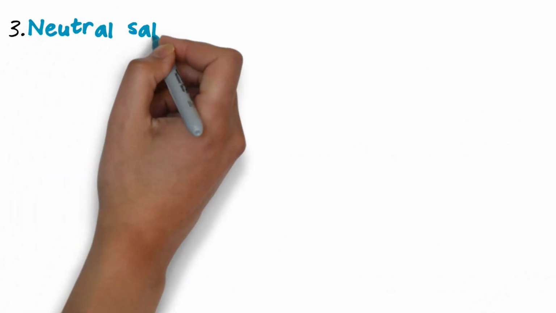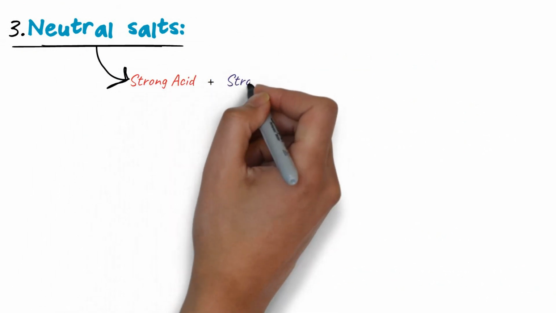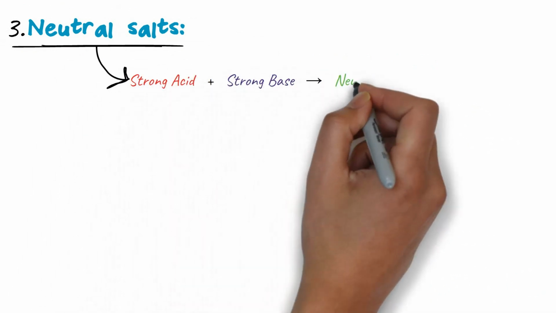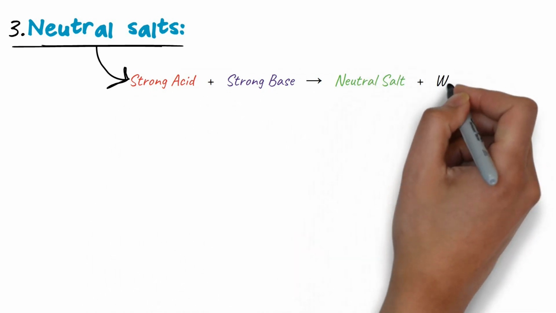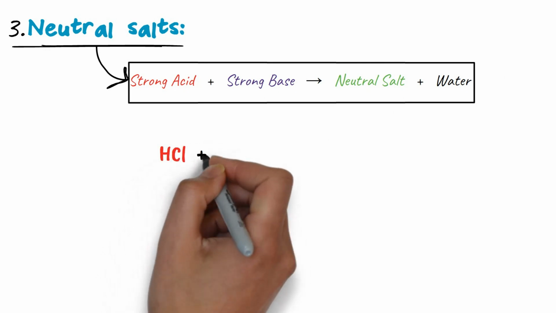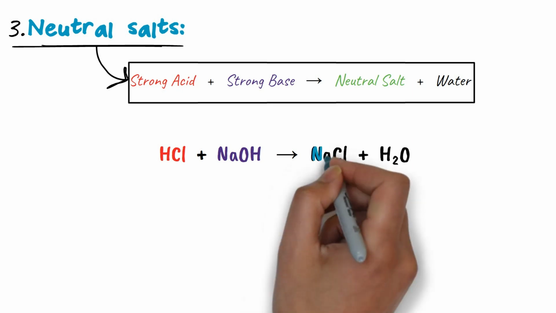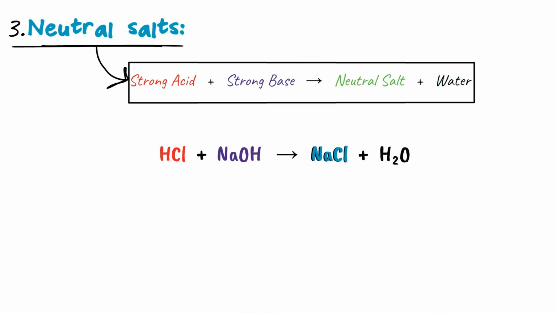Now, neutral salts. When a strong acid reacts with a strong base, they form a neutral salt. For instance, when hydrochloric acid reacts with sodium hydroxide, the salt formed is sodium chloride, which is neutral.